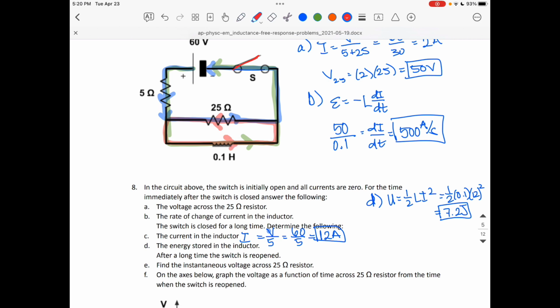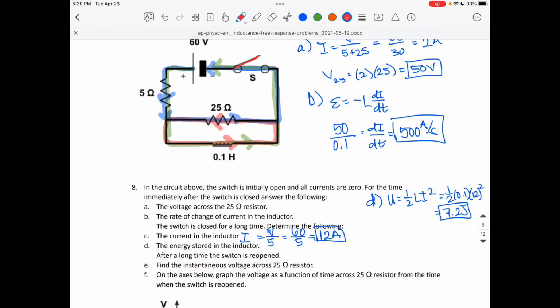So it's going to keep the current going to the right because it opposes change in current, but then it's going to go through this smaller loop rather than back to the battery where the switch is open. So we want the instantaneous voltage across the 25 ohm resistor.